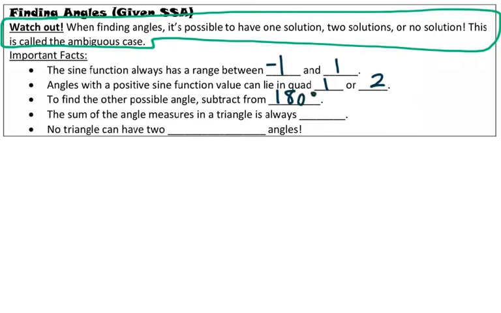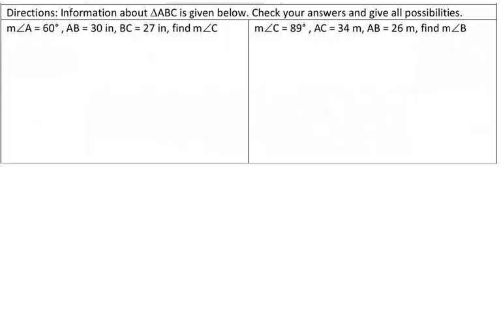The sum of the angle measures in a triangle is always 180 degrees. Don't forget that. And just remember that no triangle can have 2 obtuse angles. And I'll give you some examples and show you what all this means, because I know it probably doesn't mean anything right now.